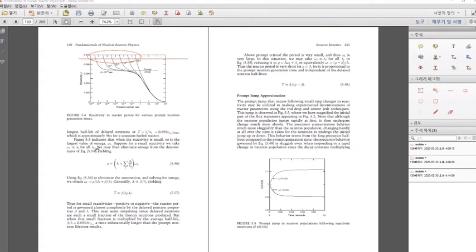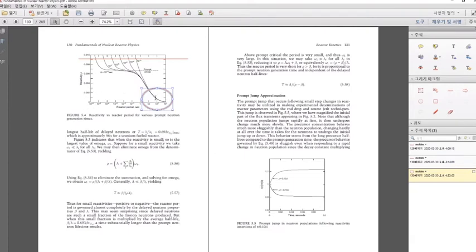Now, as in our textbook, we also reviewed and tried to simplify the equation for two extreme cases. The first one is when the reactivity is very small.